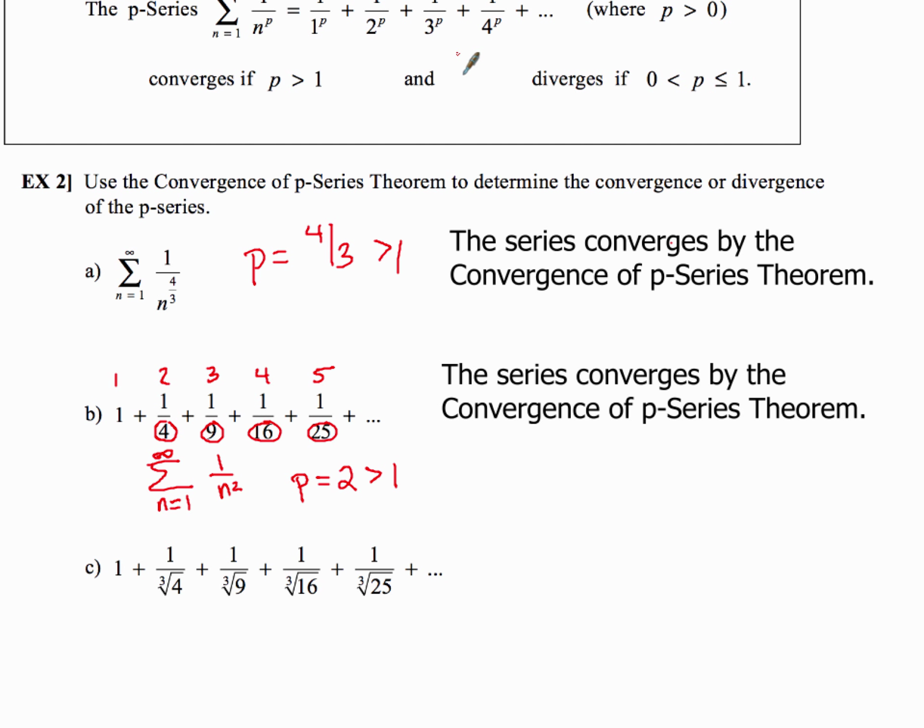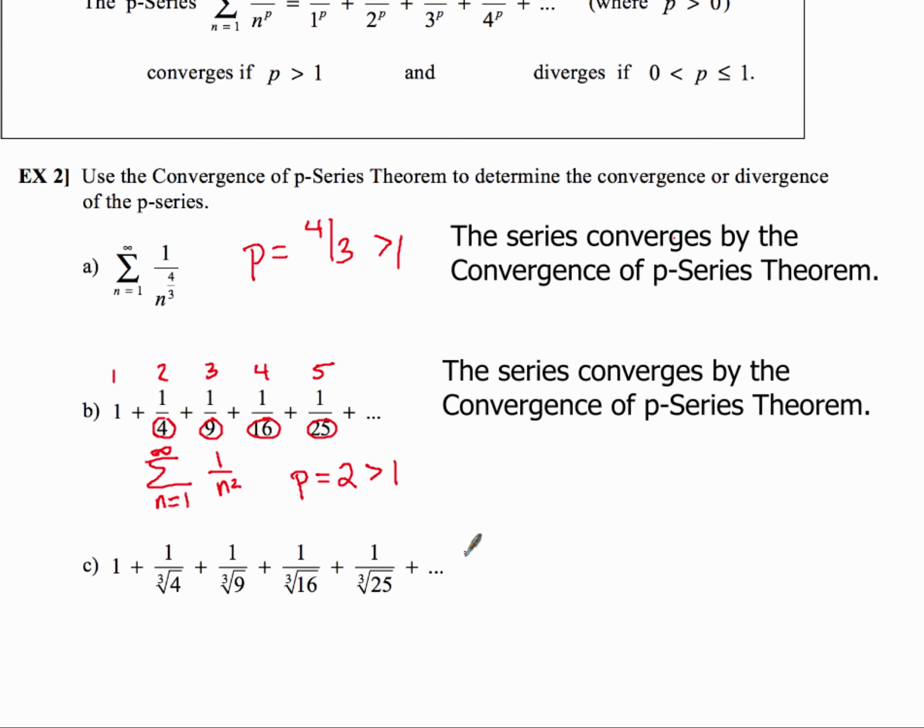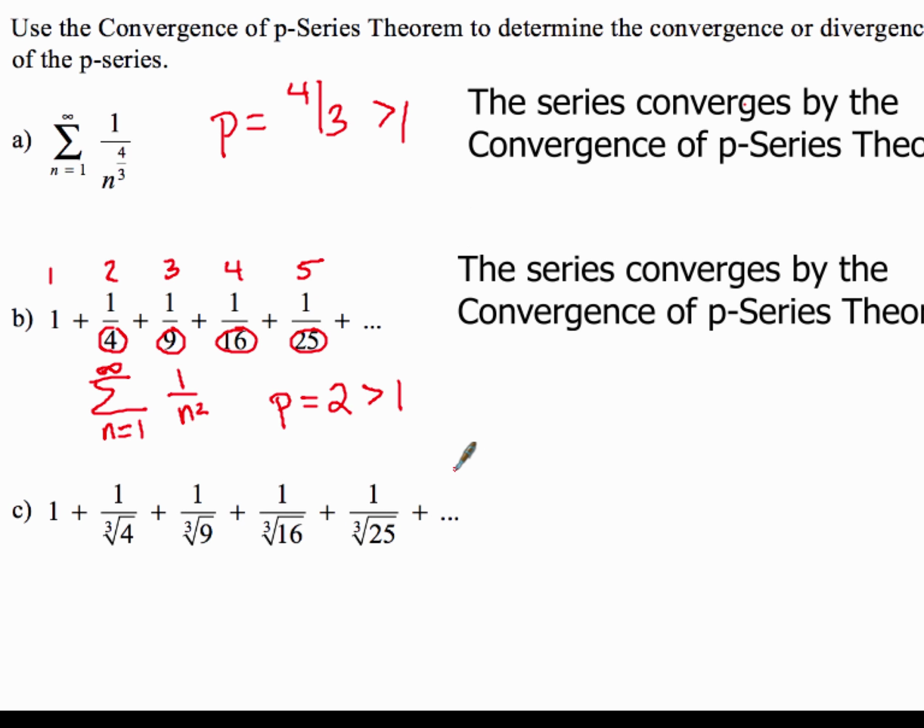Now, for example C, again, we're given the terms. We're not actually given what the summation formula is. So we've got to kind of play around with that. But similar to the previous one, we've got 4 being cube rooted. We've got 9 being cube rooted. We've got 16 being cube rooted, and so on and so forth. So again, this is my first term, second term, third term, fourth term, and fifth term.